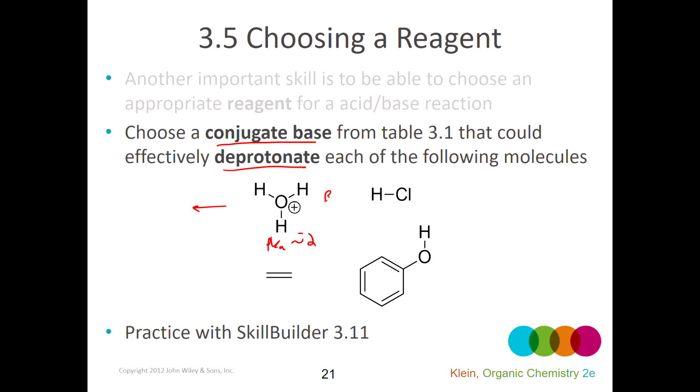I need to pick a base that when it picks up this proton, its conjugate acid that it produces has a pKa higher than this, right? Because we already said the equilibrium will always shift toward the side with the higher pKa. So I can look at the bottom of the table there, any one of those higher pKa compounds.